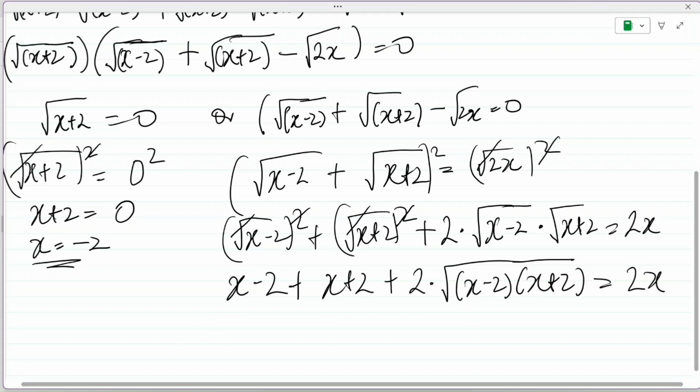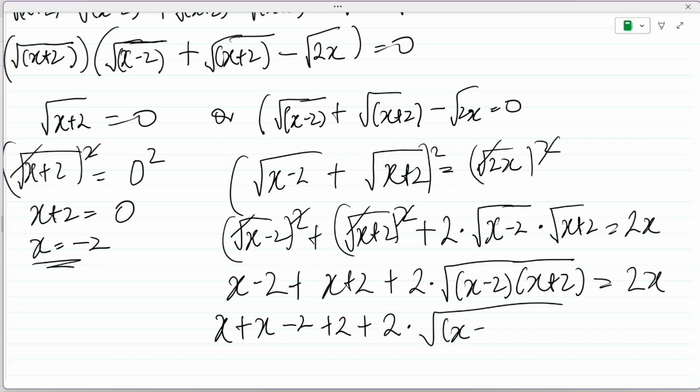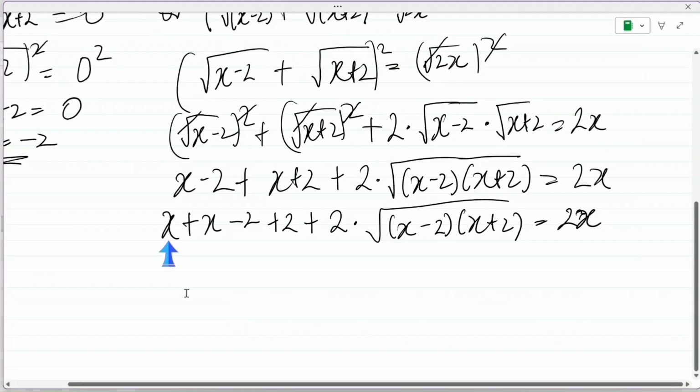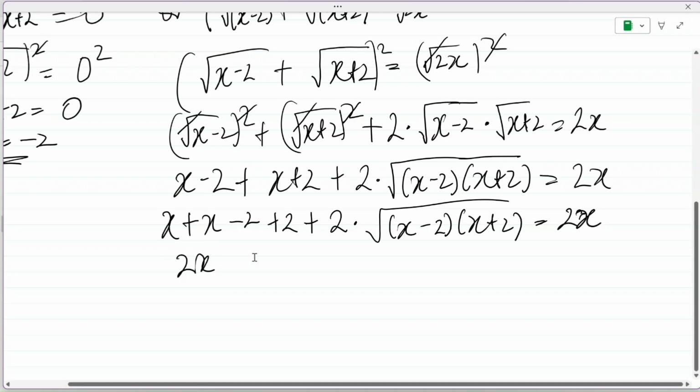We solve this first, ignoring this 2, because this 2 is linked by times to this. We collect like terms. You have x plus x, minus 2 plus 2, plus 2 times square root of x minus 2 in one bracket, x plus 2 in the second bracket, equals 2x. 1x plus 1x is 2x. Minus 2 plus 2 will give you 0.